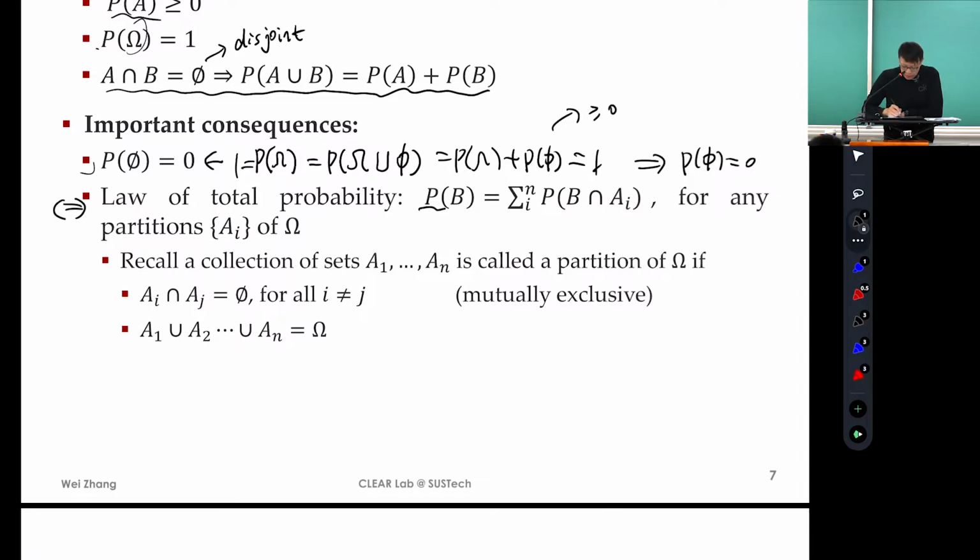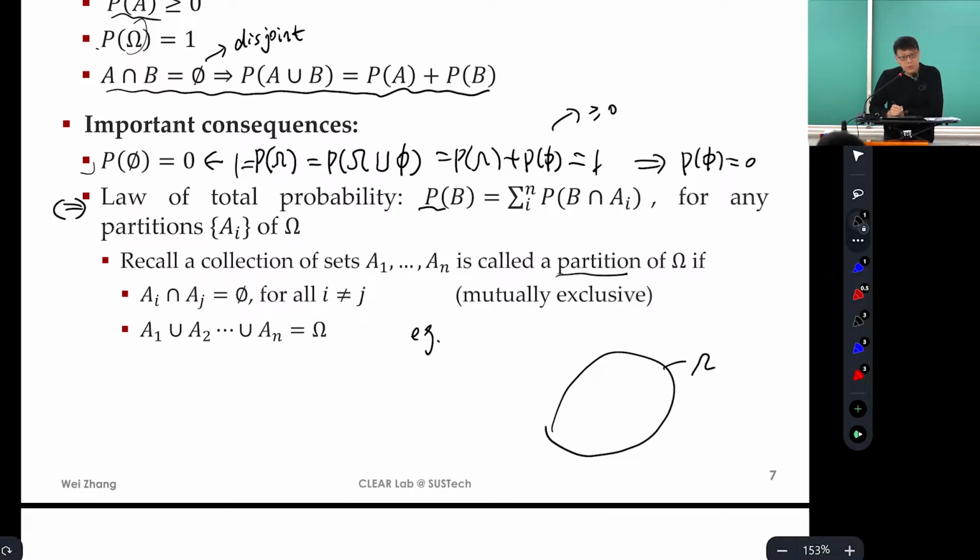Let's give an example. If you have an entire sampling space, you may have a partition of the space, in the sense that I have A1, A2. I can partition this into two disjoint sets. The sets have to be disjoint, otherwise it's not a partition.